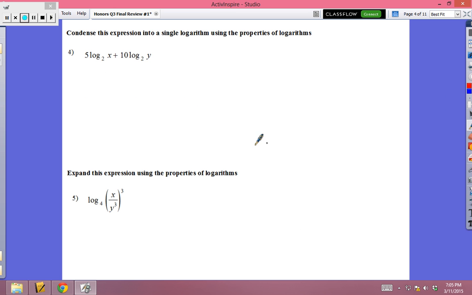Number 4. Condense these two logs into a single log by using the log properties. So, move number 1. This 5 needs to be put as the exponent of x, and the 10 needs to be put as the exponent of y.